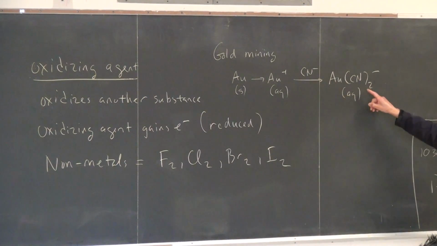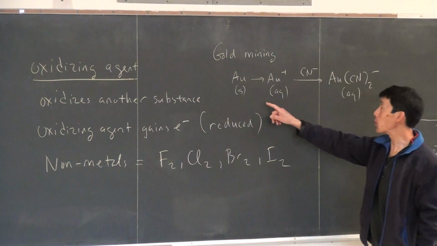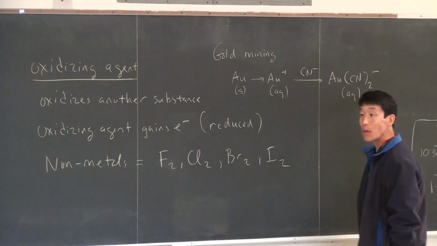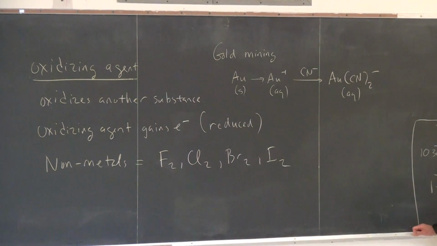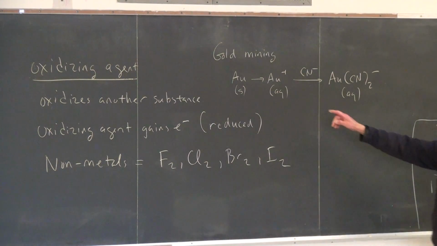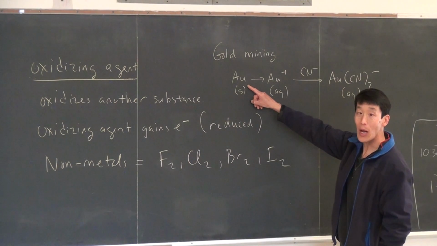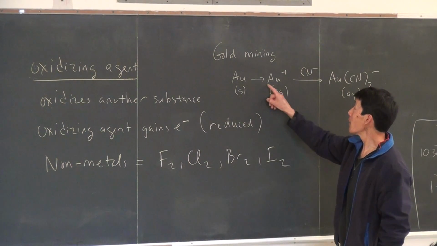The reason this is done this way is because it's easier to collect a liquid than it is to collect a solid, especially when the solid is combined with other substances in those minerals. So in other words, this is really a way to separate the gold from the rest of the stuff in the rocks to make gold ion.